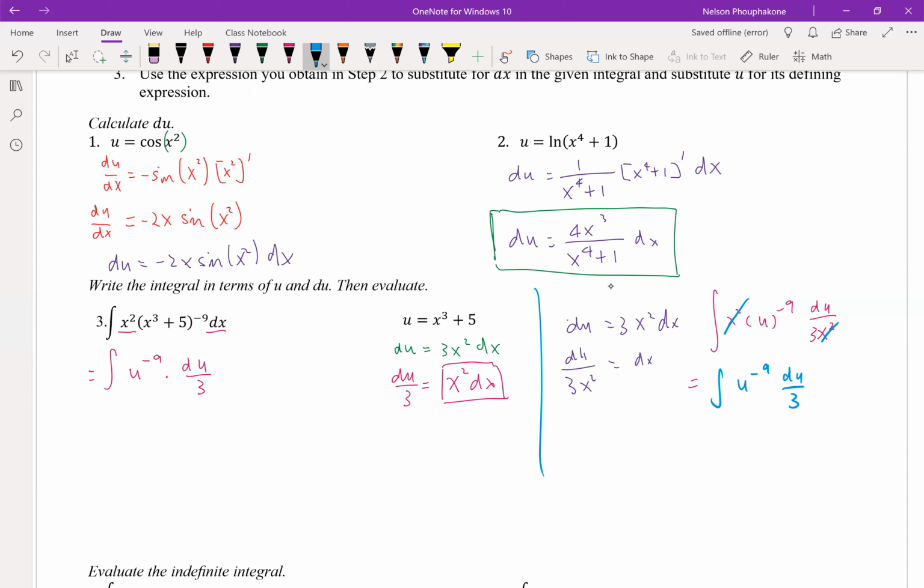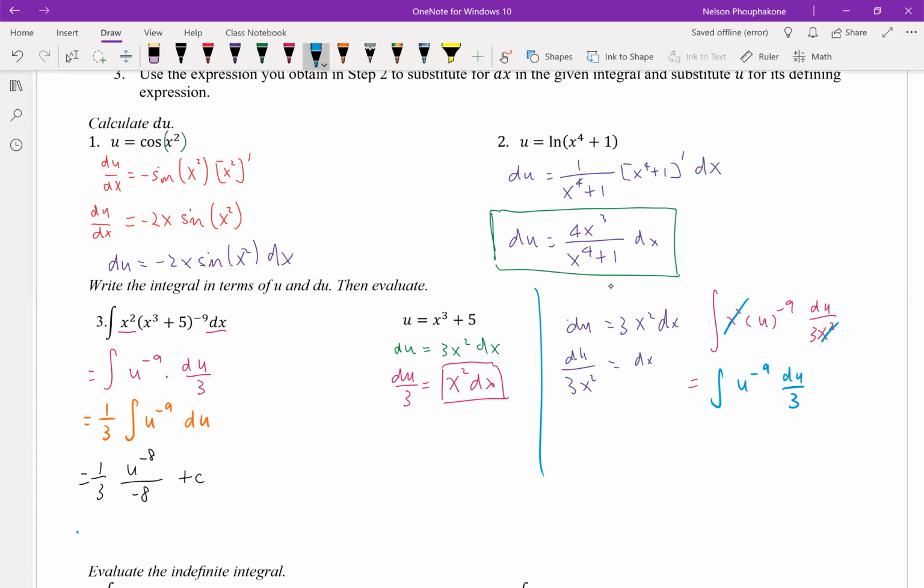After we have this, we know that we could take the 1/3 out, and then we are going to have u to the negative 9. Maybe let me rewrite this again. Then we could work out the problem: 1/3 times u to the negative 8 divided by negative 8, plus c. Now, of course, the problem is I'm not solving for u; I want to work with x.